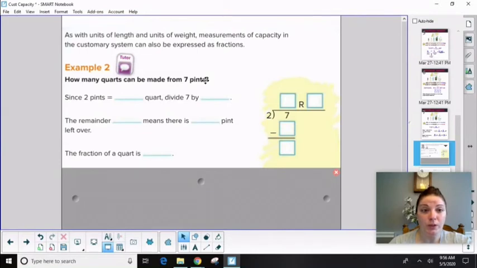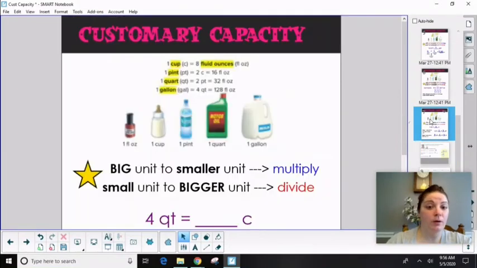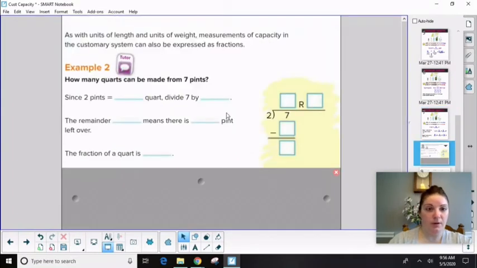So what we're doing is we're taking 7 pints and converting it to quarts. So if you think about our sizing, we're going from smaller pints to bigger quarts. And if we look back here, pints and quarts are next to each other. So it's just one move. We don't have to worry about a double step.